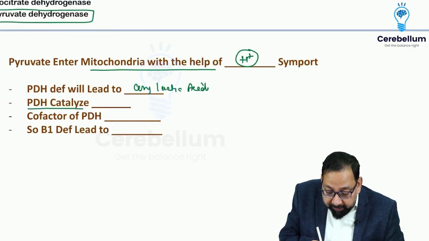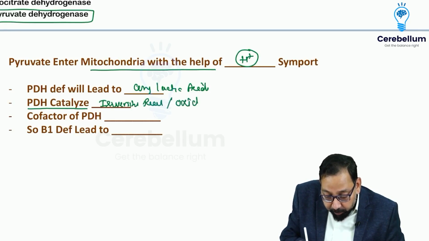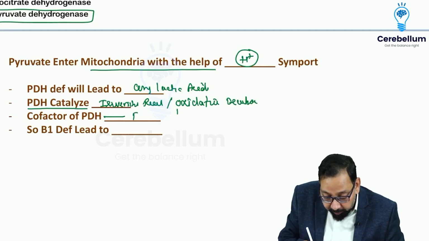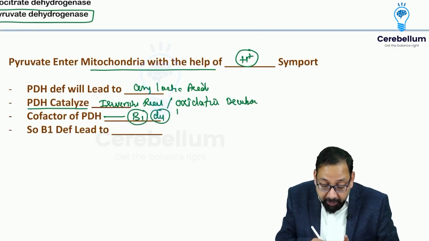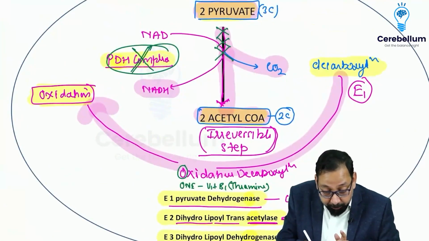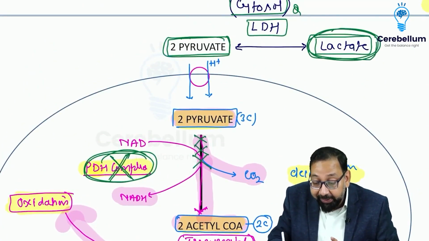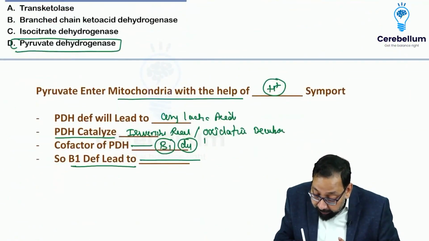Pyruvate dehydrogenase catalyzes an irreversible reaction and oxidative decarboxylation. And oxidative decarboxylation cofactor is vitamin B1. So if B1 is deficient, pyruvate dehydrogenase will not be able to work. Again pyruvate will be converted to lactate, lactic acidosis. So in B1 deficiency, there is lactic acidosis.